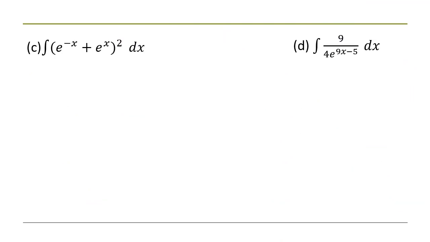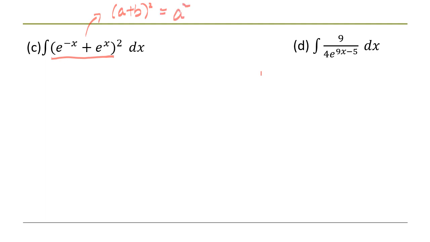But let's look at two examples where you cannot apply the rule for integration of exponential functions directly, meaning you have to do some manipulation to the expressions given. If you look at part C, let's go back to the algebra. If you're given a plus b squared, what do you do?